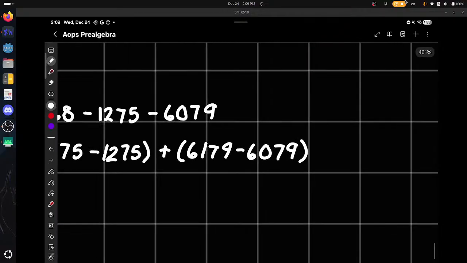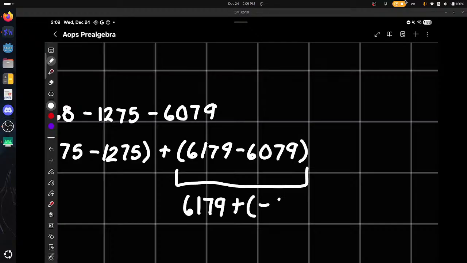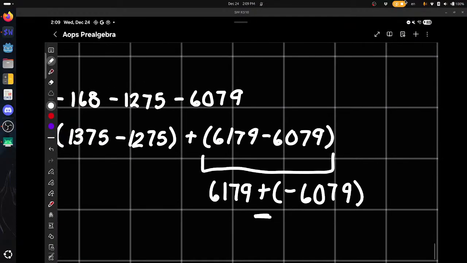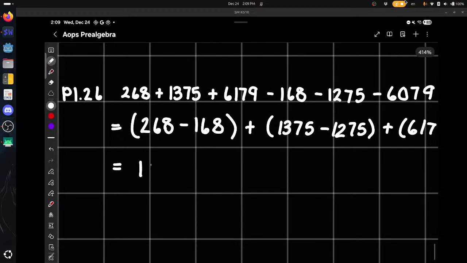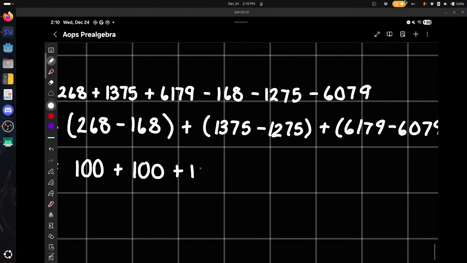Even though I'm not transforming the numbers, this is really this. This gives us the ability to move the numbers around. Now we can just do 100 plus 100 plus 100, just 300.